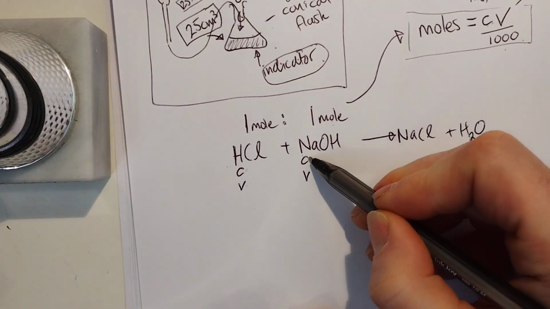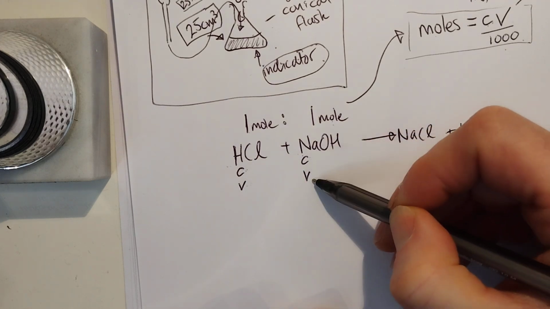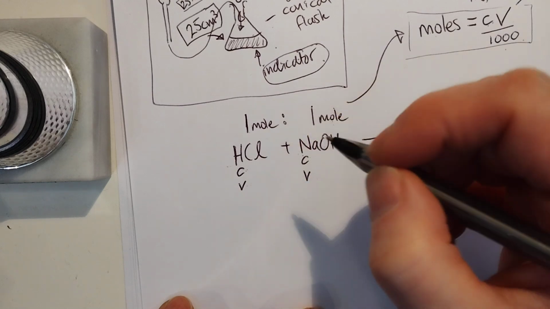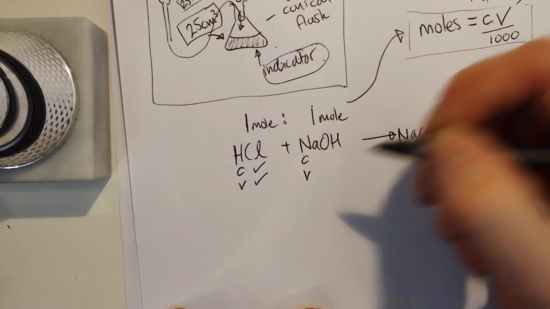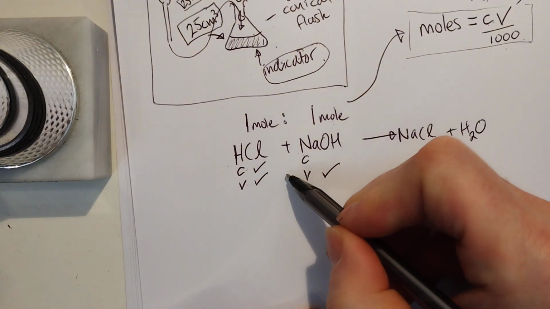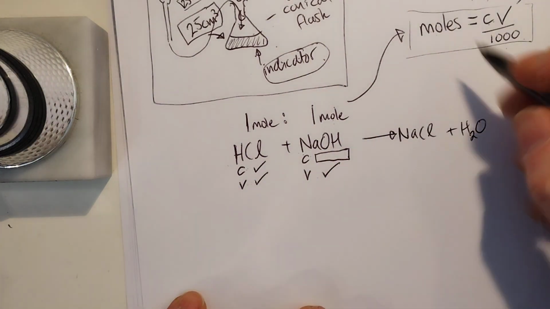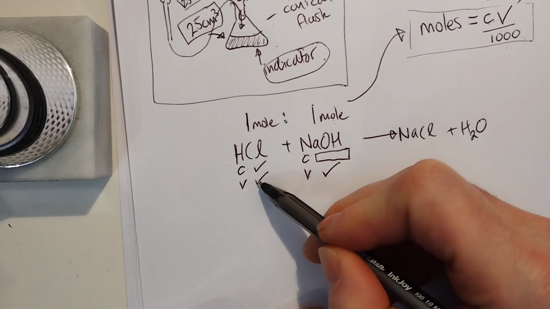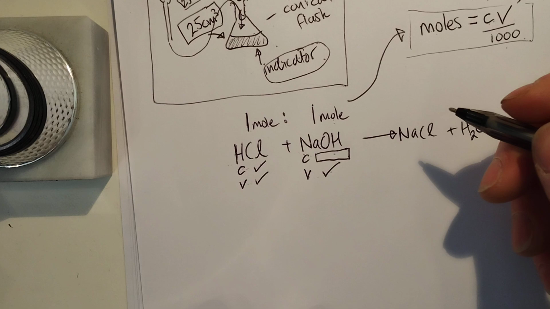So we're going to look for concentrations and volumes of each of these chemicals. When you read these questions, you will be given the concentration and the volume of one of the chemicals, and you will typically be given the volume of another. And what you will have to do is work out the missing C or V. So there are 4 things I need, C, V, C, V. And you're typically given a C, a V, and a V, and you've got to work out the missing C. That's typically.